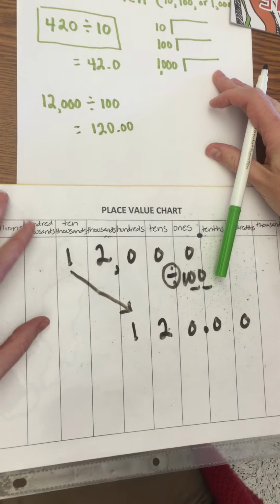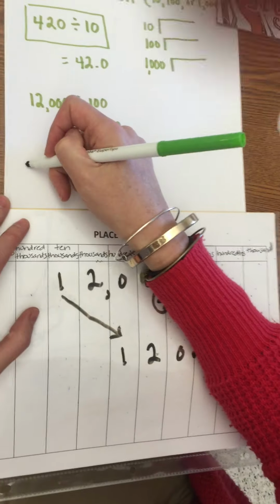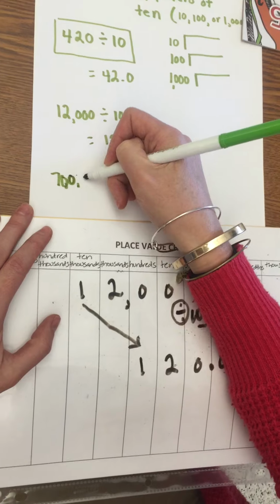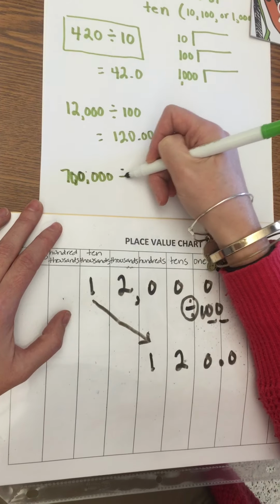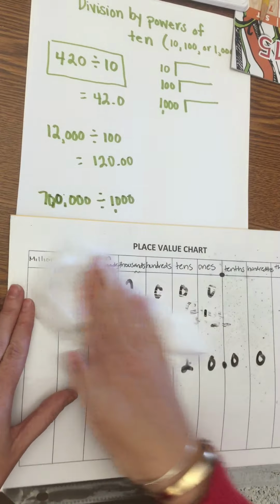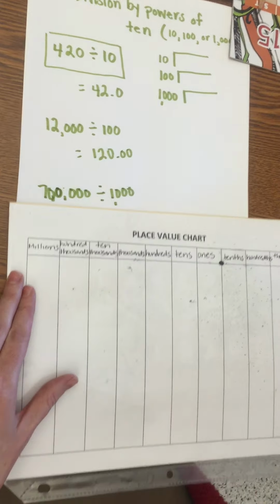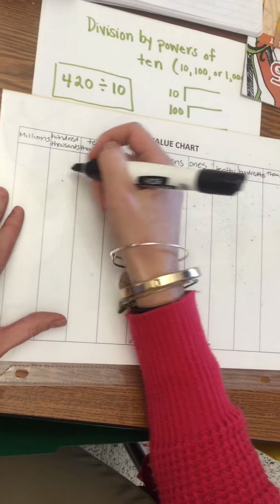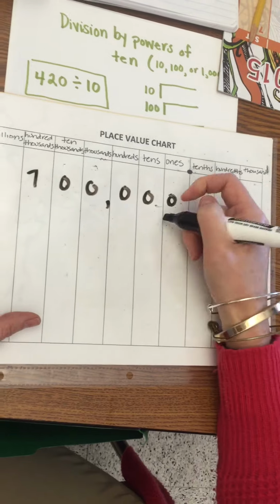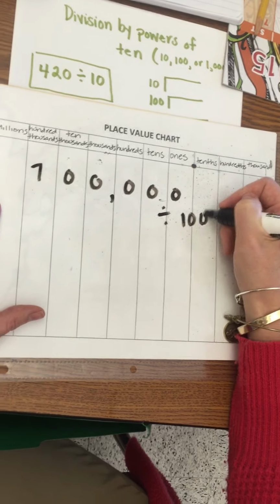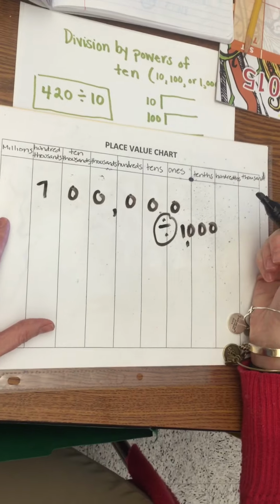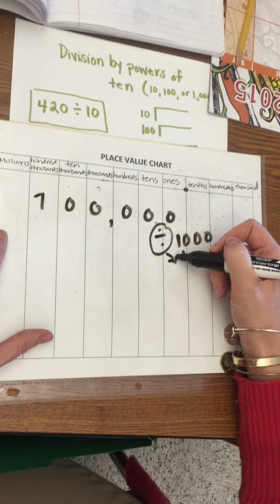Let's try to divide by 1,000. Now I have 700,000 divided by 1,000. I can think of shifting on a place value mat. So I know if I'm dividing, my answer gets smaller, so I shift to the right.